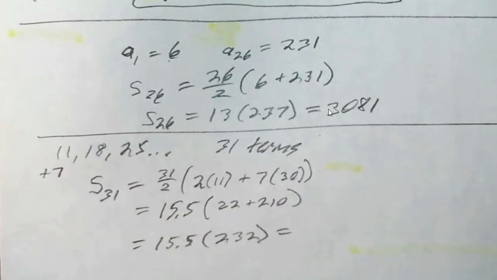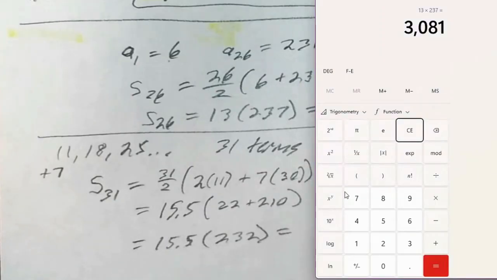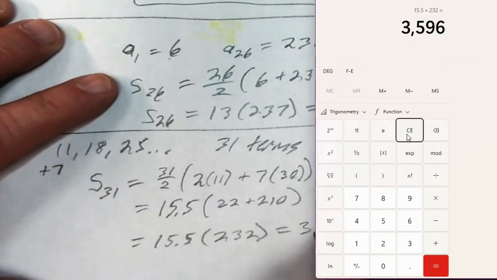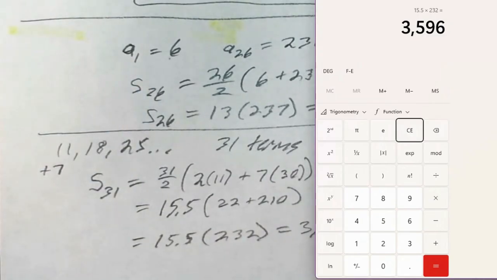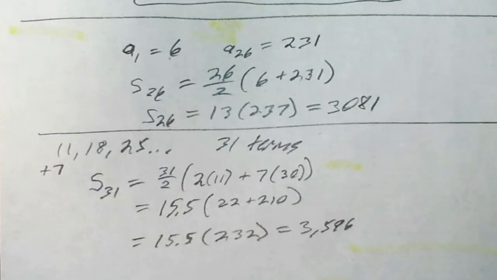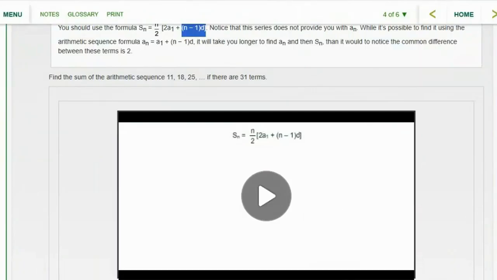All right, let's see what that adds up to. Get our calculator out here again. I'll say 15.5 times 232. So it adds up to be 3,596. Let's see what they get in their video.